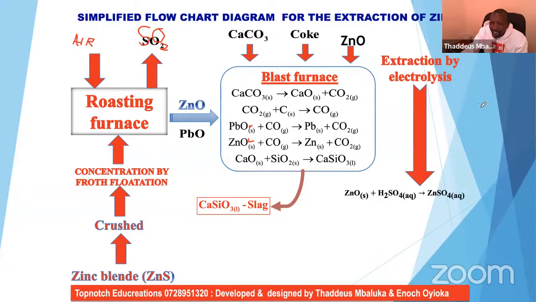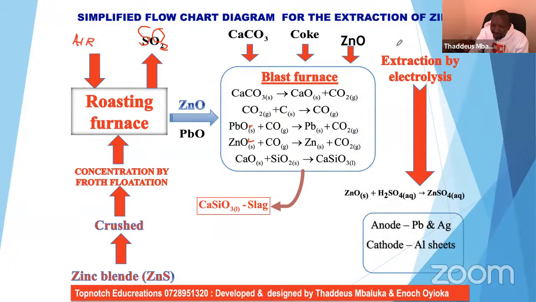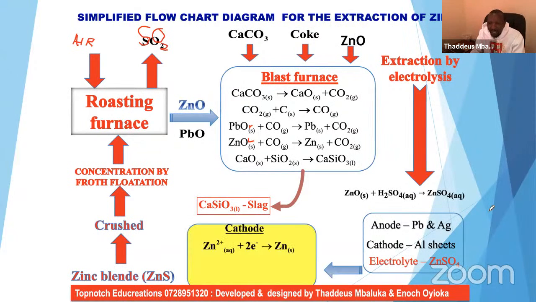Then we have the extraction of zinc by electrolysis, whereby we have the zinc oxide react with sulfuric acid to form zinc sulfate. The anode is made up of silver and lead. The cathode is made of aluminum sheet, and the electrolyte is zinc sulfate. Then you get pure zinc.